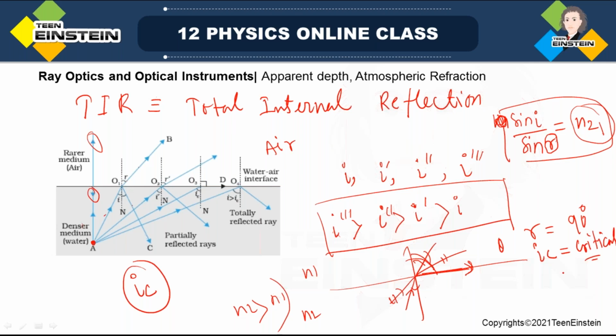If you increase the angle of incidence further, to IC or greater than IC, look at this figure. This is the critical angle where the angle of refraction is exactly 90 degrees.